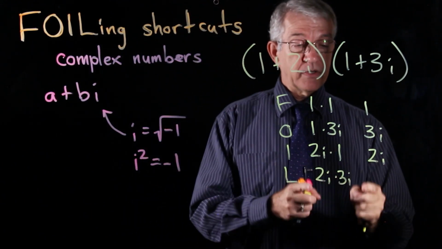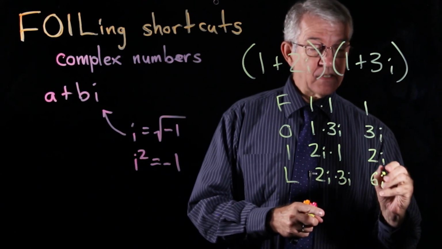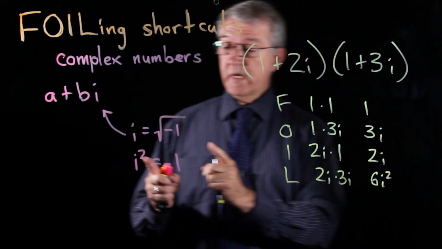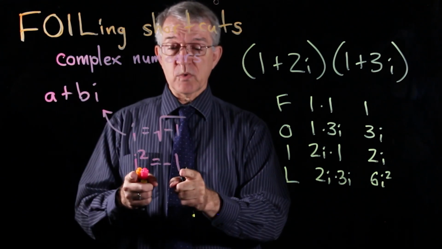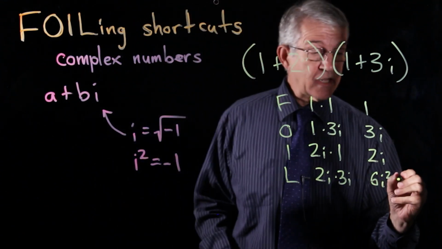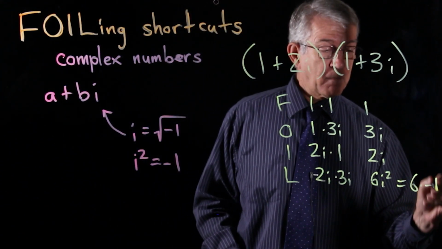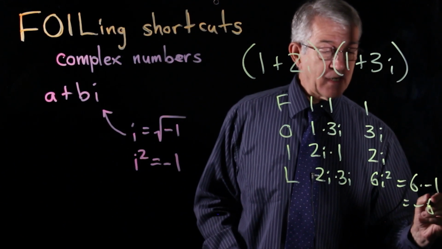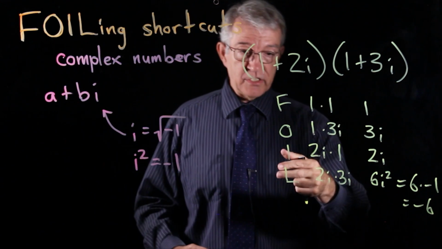Do the number part. 2 times 3 is 6. i times i is i squared. And we know from the definition of an imaginary number and how complex numbers work that i squared equals -1. So this is 6 times -1, which is -6.